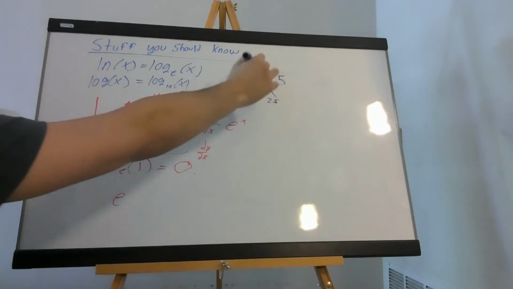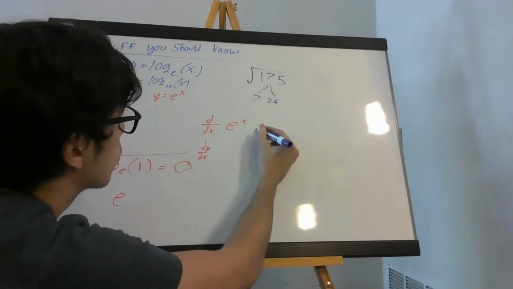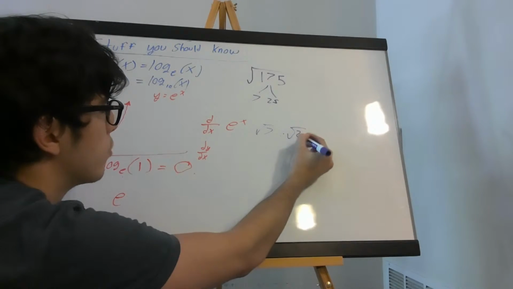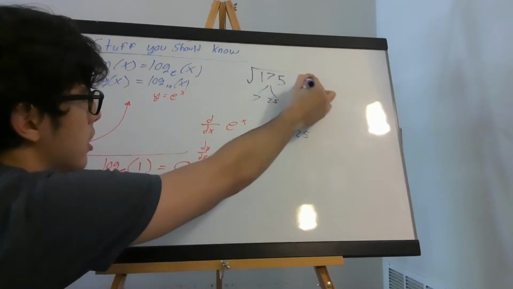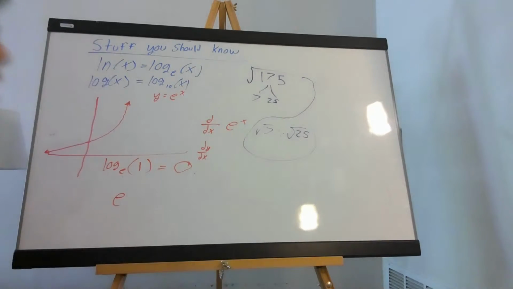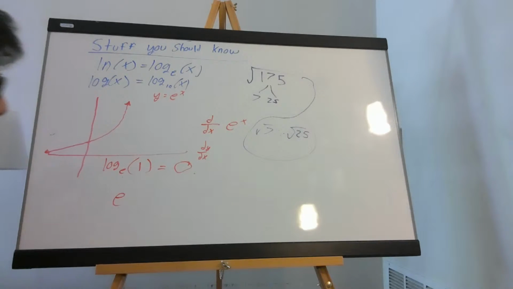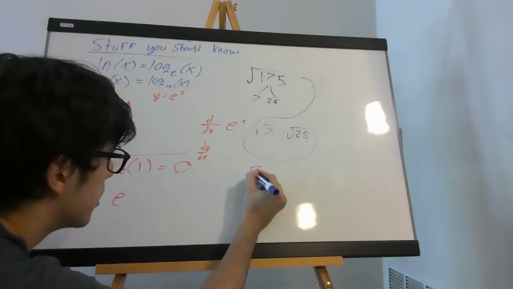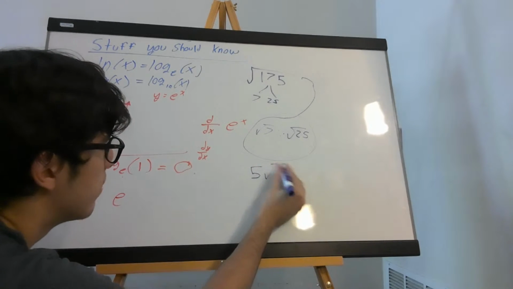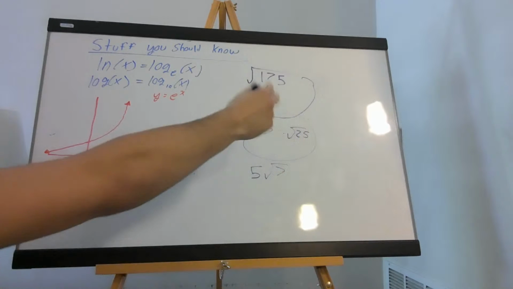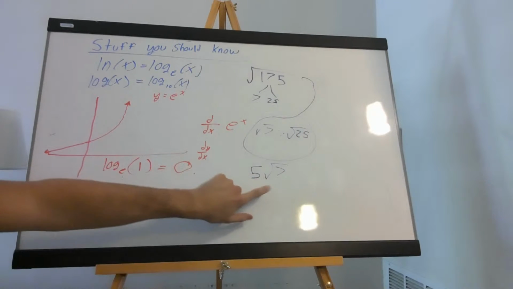So this is equal to square root of 7 times square root of 25. That is equal to that. So we know that we can simplify the square root of 25 to 5. So you'll get something that looks kind of like this: 5 root 7, because we have no need for the 5 to be under the square root since we can just break it apart like that.